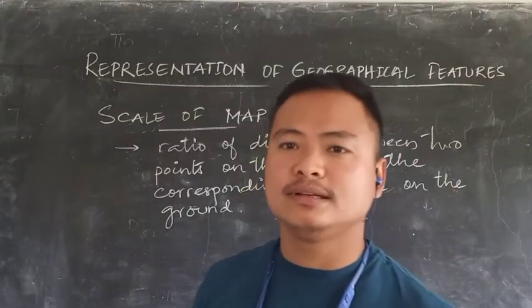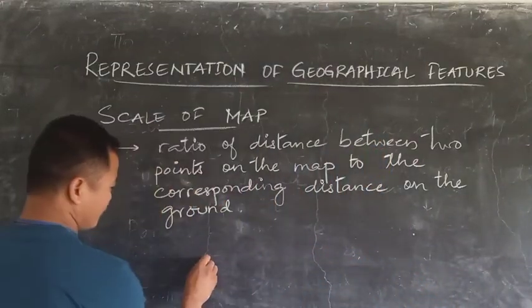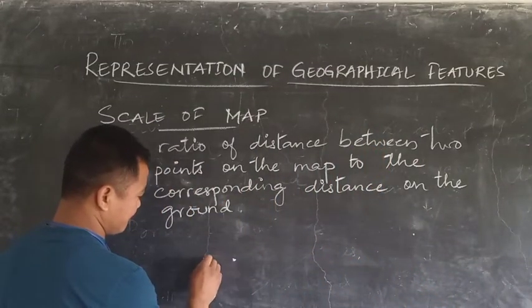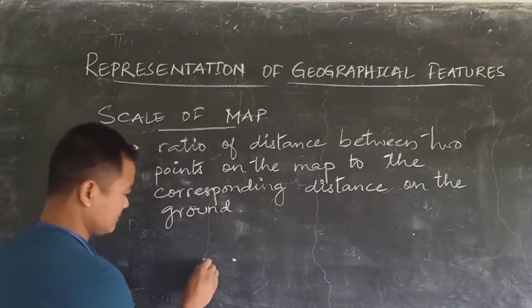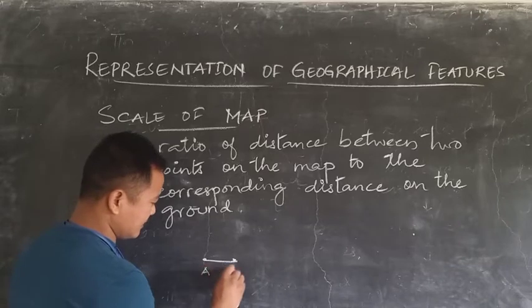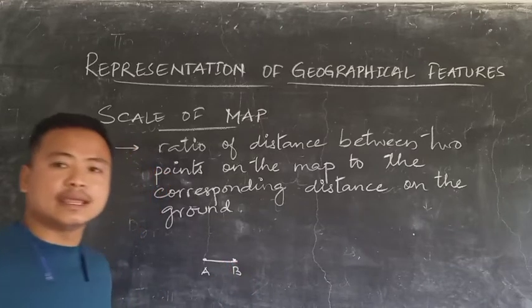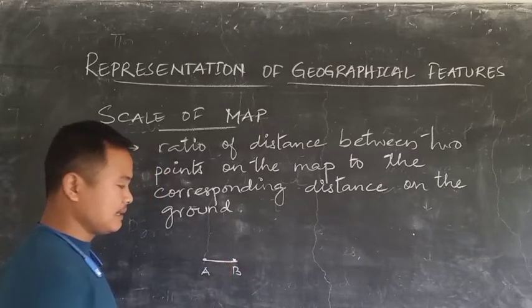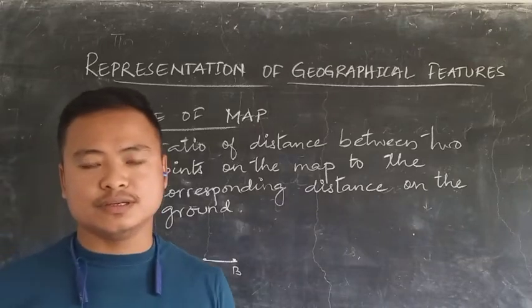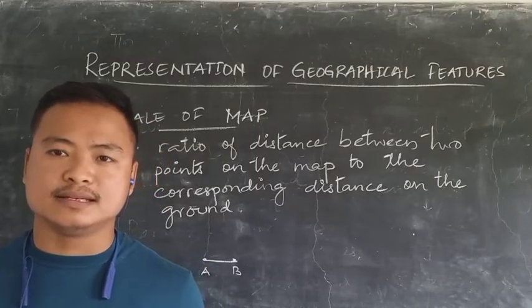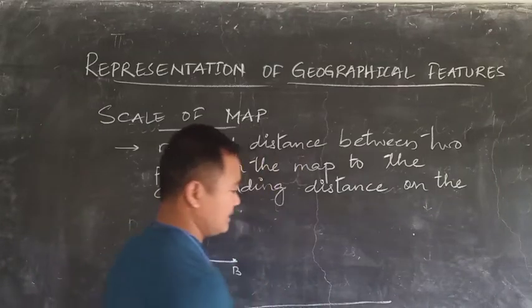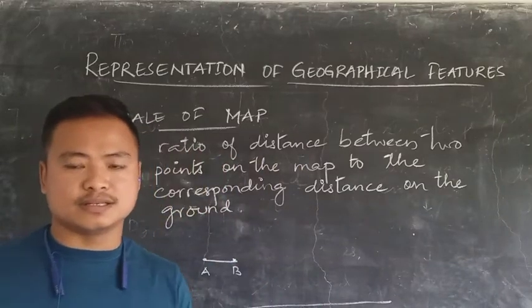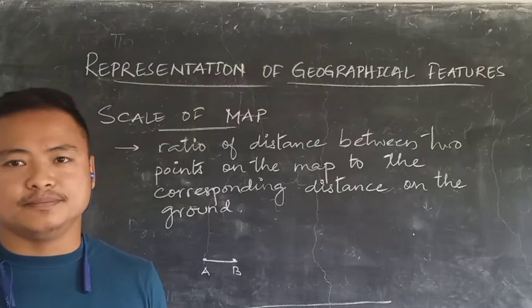This means that if we mark 2 points on the map, place A and place B, in a map they seem to be very close to each other, but in reality on the ground the two places are very far away from each other.